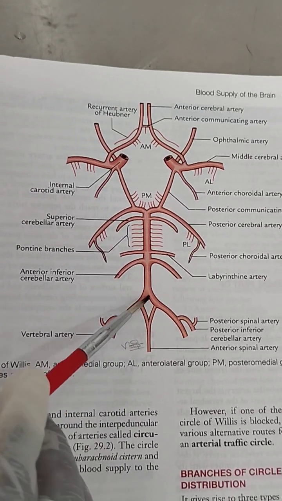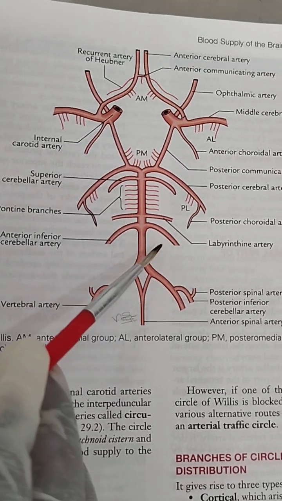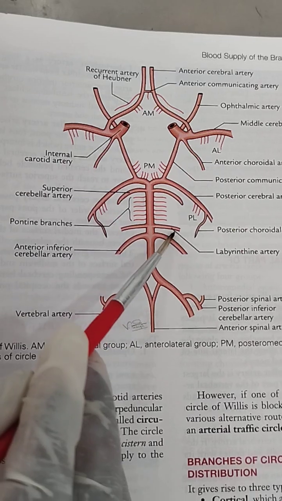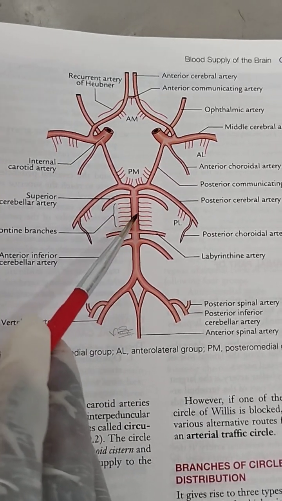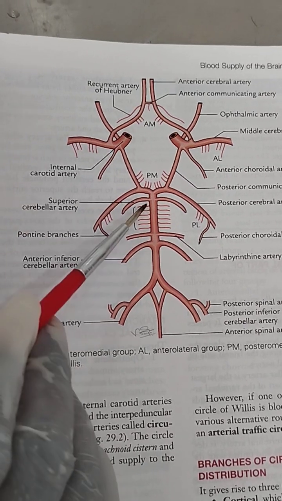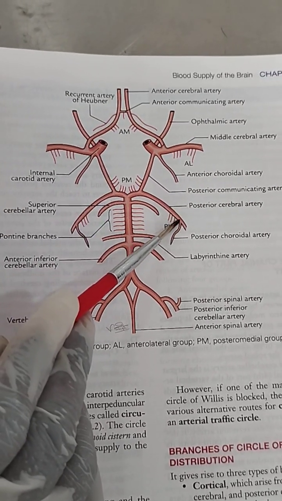After the union of these two, the basilar artery gives branches. See here, the anterior inferior cerebellar artery, the labyrinthine artery, and the pontine arteries. This is the superior cerebellar artery. And also the terminal branches, called the posterior cerebral arteries.